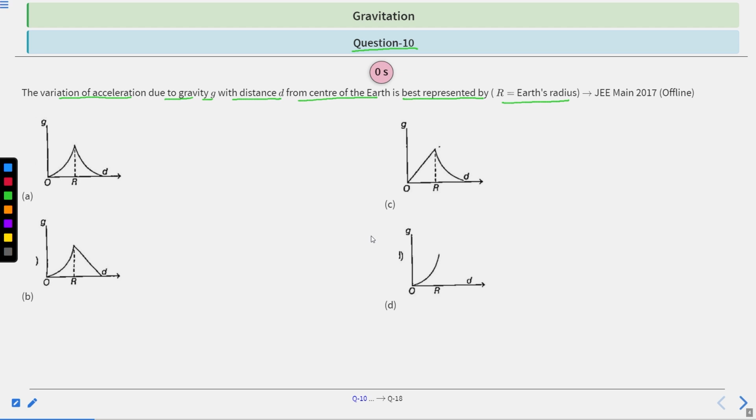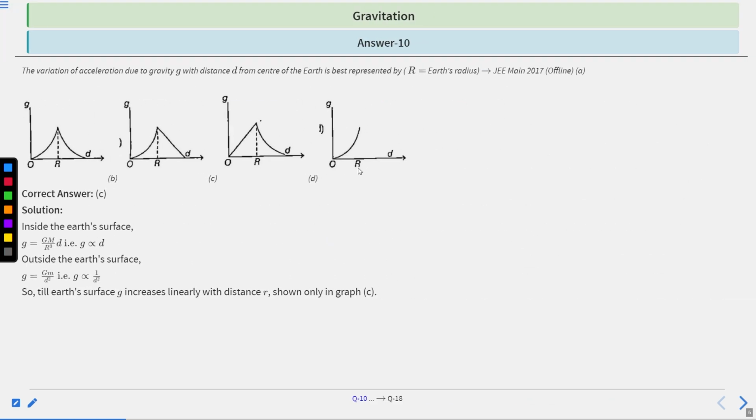Let's find a solution. According to the question, this is the variation of acceleration due to gravity g with distance d.